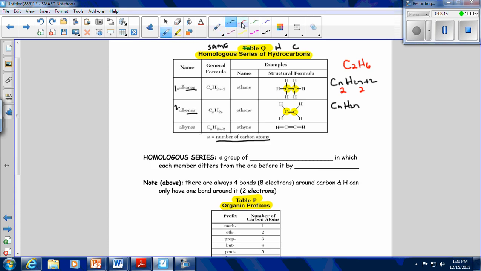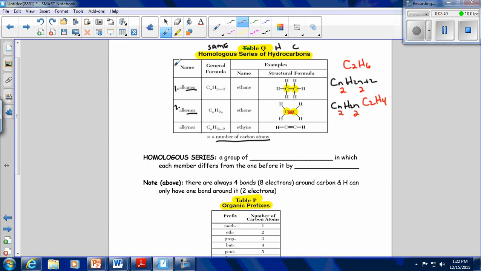If we plug in a 2 once again for the N's, we finish with C2, 2 times 2 is 4, H4. Now, what makes this different is that double bond that is present in between the 2 carbon atoms. So those are your alkenes.